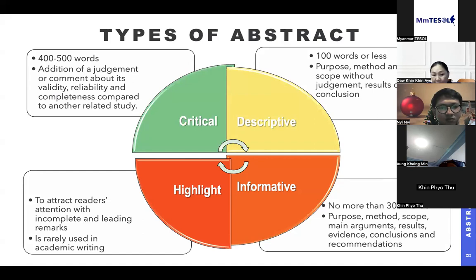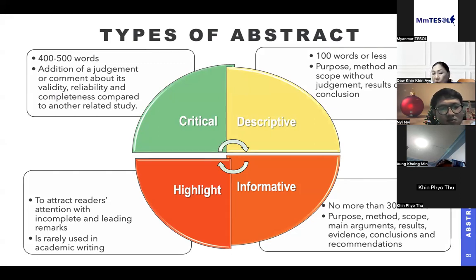The highlight abstract attracts readers' attention with incomplete and leading remarks and is rarely used in academic writing. So what we have been using mostly is the informative one, normally no more than 300 words, with purpose, method, scope, main argument, result, evidence, conclusion, and recommendation. You can see very clearly, okay?